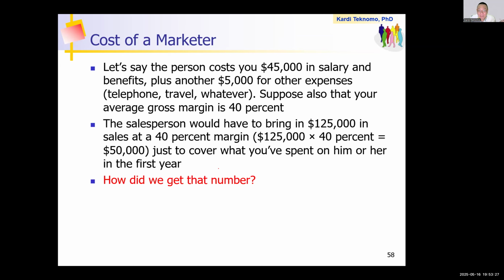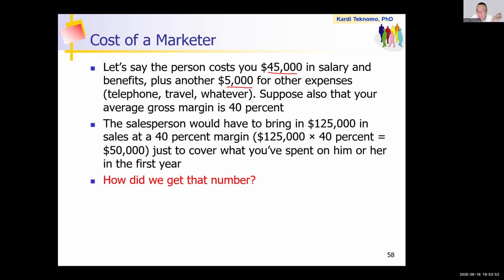So this is an example. Suppose the person costs you, this is the salary per year, 45,000, and then you still give other benefits, for example 5,000 for the phone, raffle, whatever.